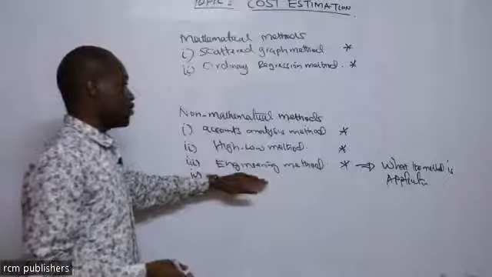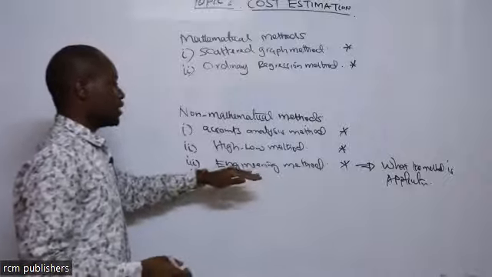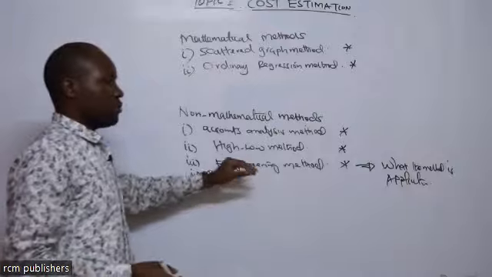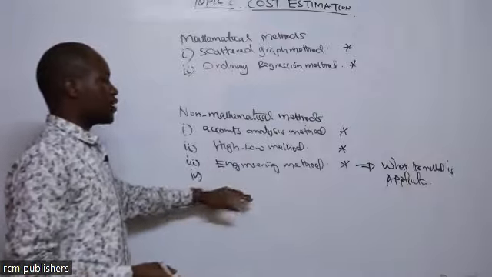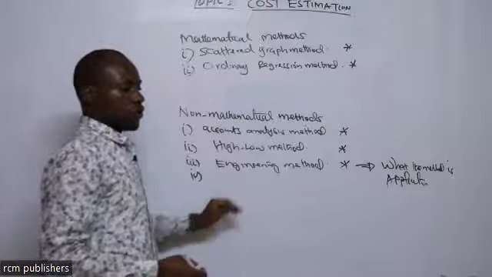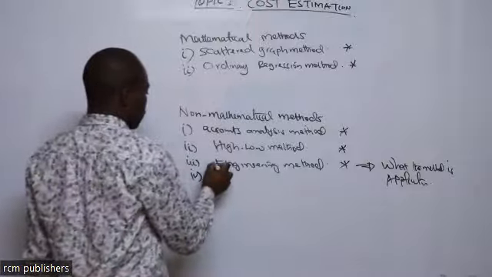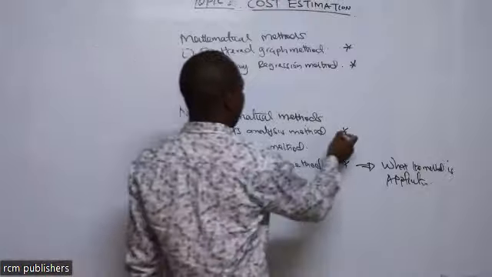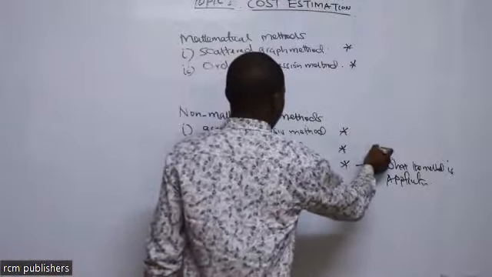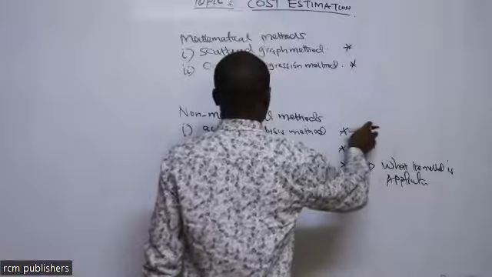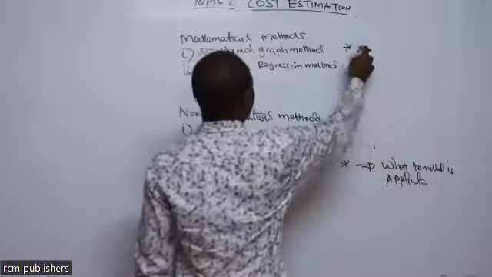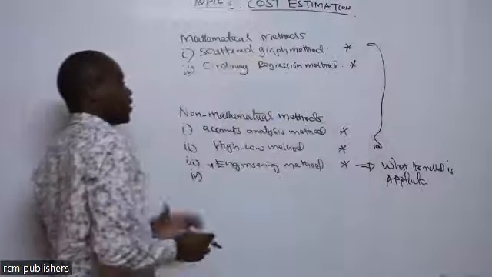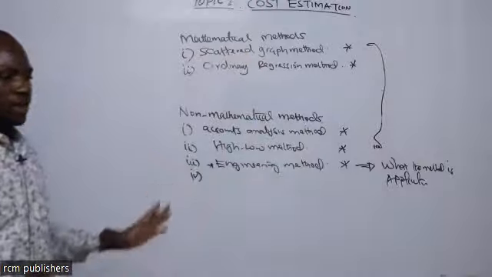How do we use this to come up with the cost estimate system? That is all you need to know about engineering. Advantages and disadvantages or limitations also are basic things that you need to know about engineering methods. When I come to ILO method, just know the advantage and the disadvantage, and also for these other ones.